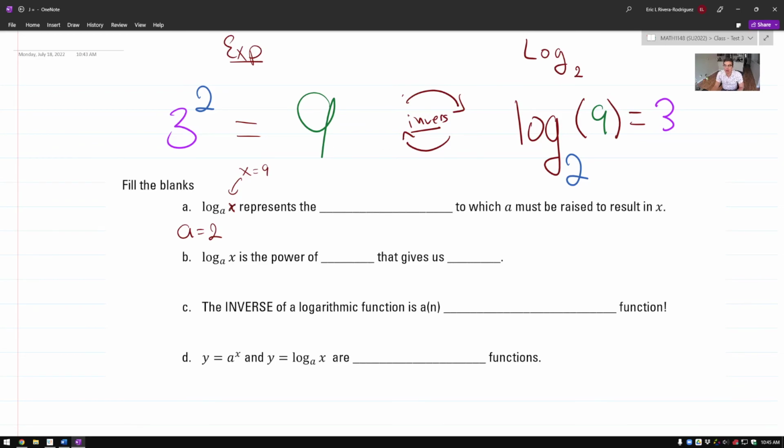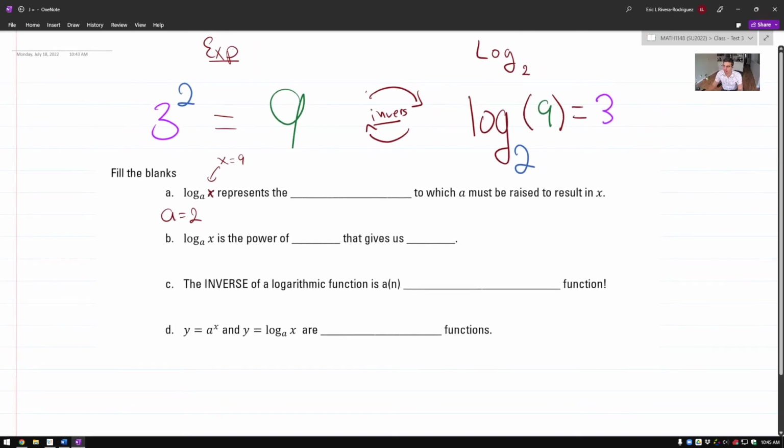So the logarithmic function answers a question. What question is that?